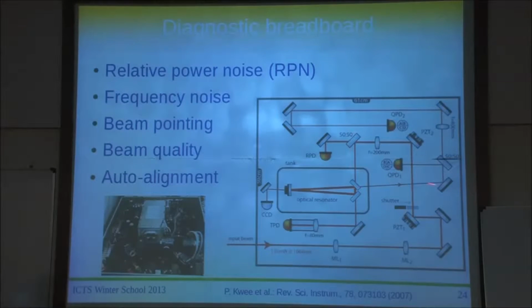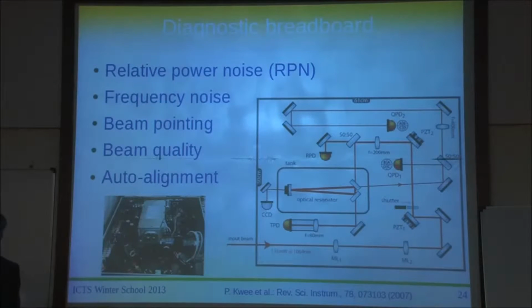And all the other modes are reflected because they don't fit into the line width of that, or they don't fit the resonance of that thing. And the back mirror here, this curved mirror, is attached to a little piezo element, so the length of that thing can be shifted. So this mirror can be moved back and forward, and that changes the resonance frequency of this resonator.